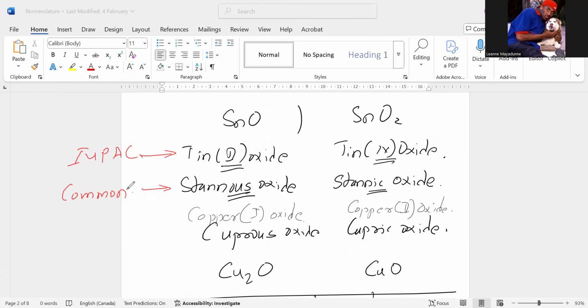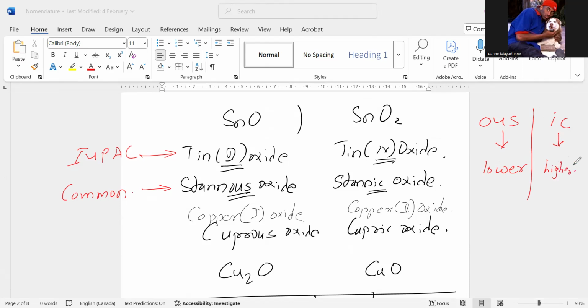If you see these common names, stannous oxide, stannic oxide, remember: if you see OUS, that indicates the lower oxidation number. If you see the ending IC, that means it is the higher oxidation number.